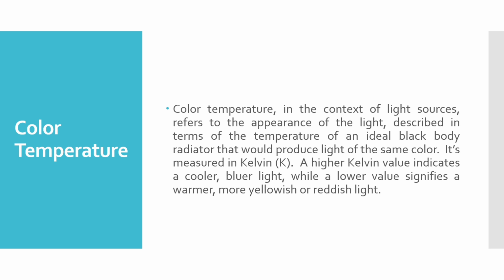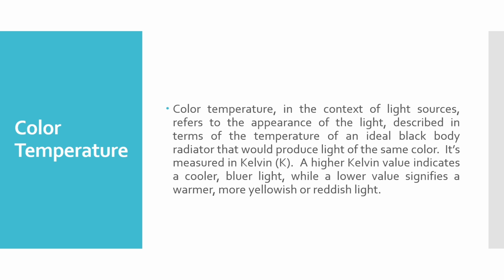For example, think about the color of the sunset. The sunset has a warm color temperature, which is why it appears red, orange, and yellow. In contrast, the winter sky has a cool temperature, which is why it appears blue or white. Color temperature is important in many different fields, such as photography, lighting design, and television production.